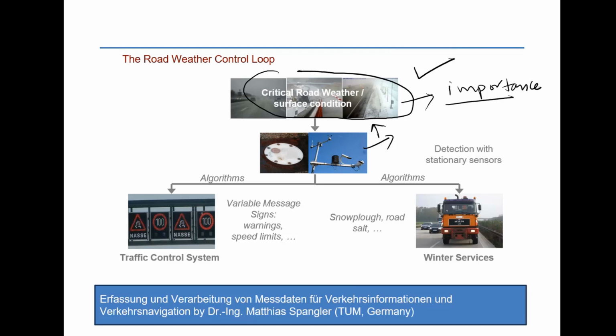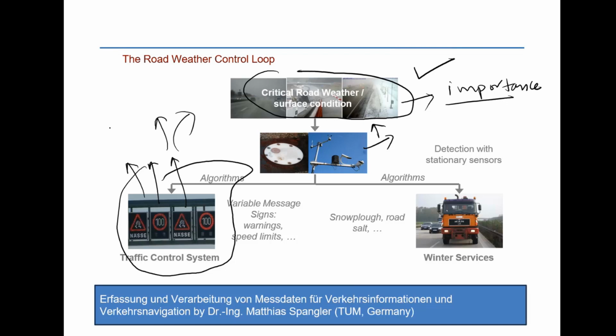Through those variable message signs and those algorithms, we actually control traffic, and we give drivers information regarding speed, slippery situations, and which kind of turn you can or cannot take, etc. And then we have, of course, winter services as well. For example, if we have snow, with salt we are trying to clear the pavement surface as well.